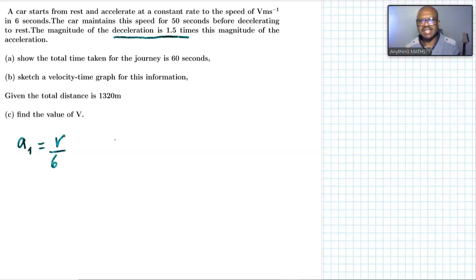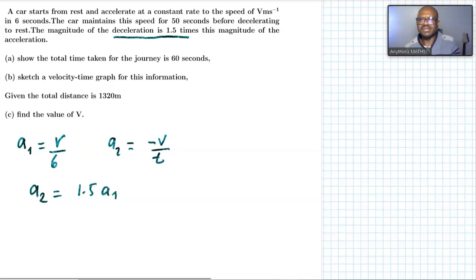Now the deceleration, which is A2, will be negative V over T. We don't know T, but remember, we are looking at the magnitude, so the negative is not going to come into play. And we're given the information that it is 1.5 times, so A2 is 1.5 A1.